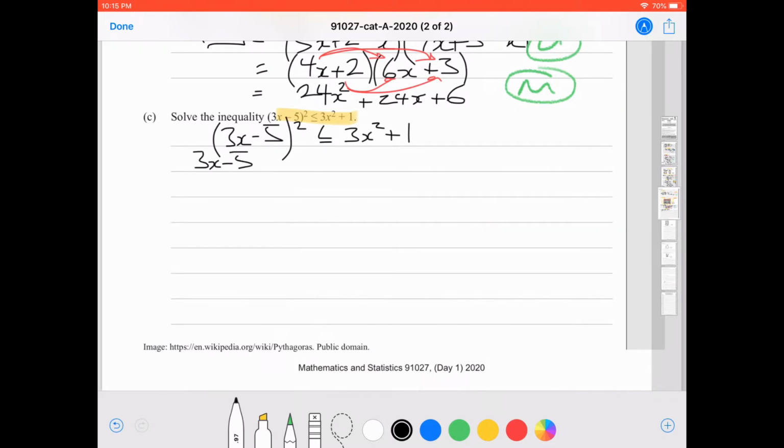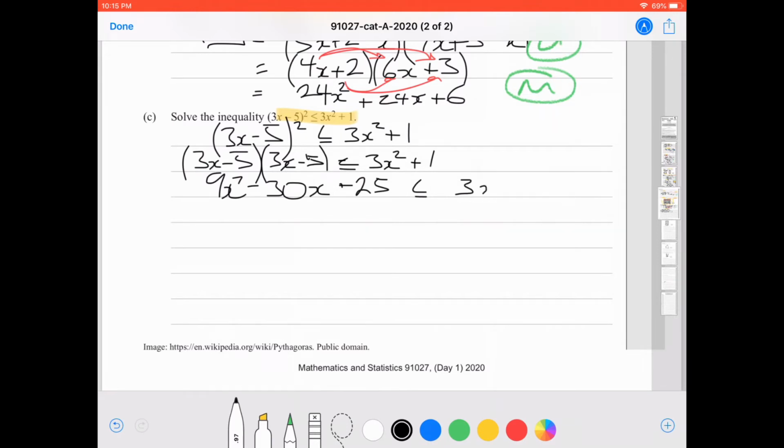We could go ahead and expand, but let's write out our two brackets just to make it easier on ourselves. Less than or equal to 3x squared plus 1. So we've got 9x squared here. Our b term is 2ab, which is, I believe, minus 30x, and positive 25. And this is less than or equal to 3x squared plus 1.